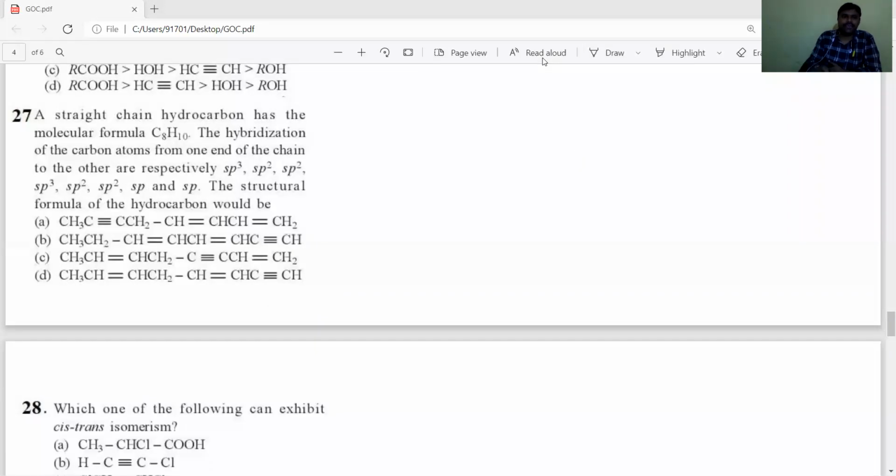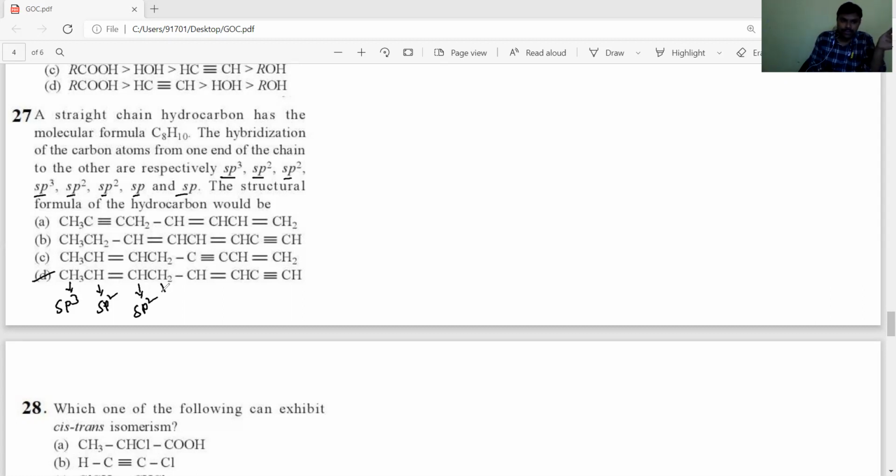Very easy, we just have to identify the correct sequence: first sp3, next sp2, sp2, sp3, sp2, sp2, sp, sp. In the D option, a double bond is present so sp2, all single bonds so sp3, and a triple bond, or two double bonds, means sp hybridization.